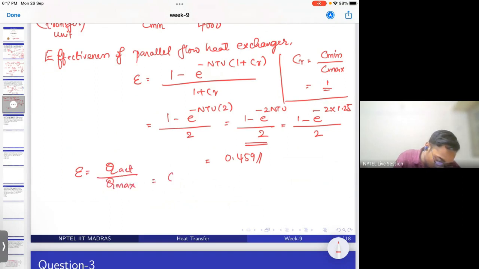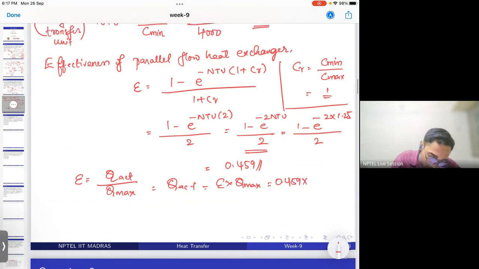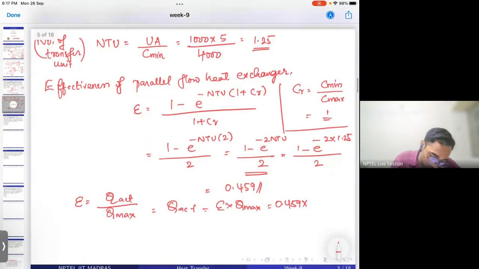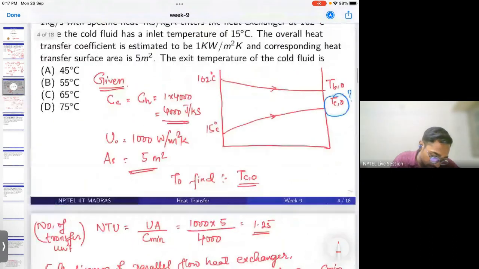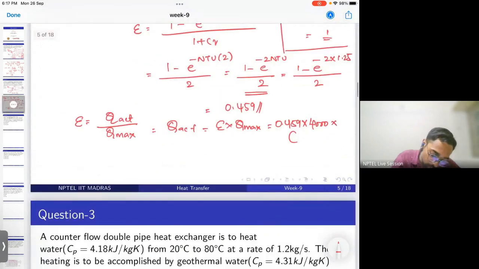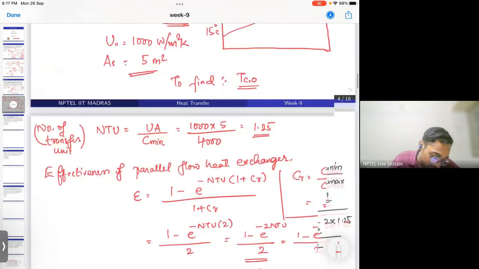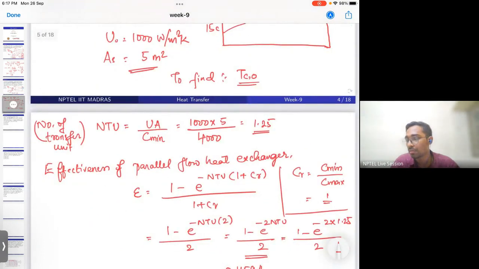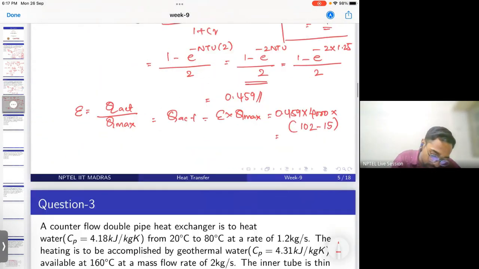So Q actual is equal to epsilon times Q max, which is equal to 0.459 times Cmin. Here both are the same, so 4000 into Thi minus Tci, which is 102 minus 15. So the answer will come out to be 159717.2 watts.